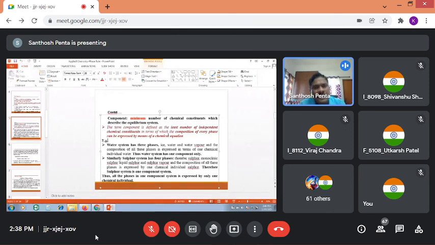A component means how many compounds or chemicals are there. That is nothing but components. But according to Willard Gibbs, he added one word: minimum number of chemical constituents that describe the equilibrium system. Based on that you can understand what the equilibrium system is.